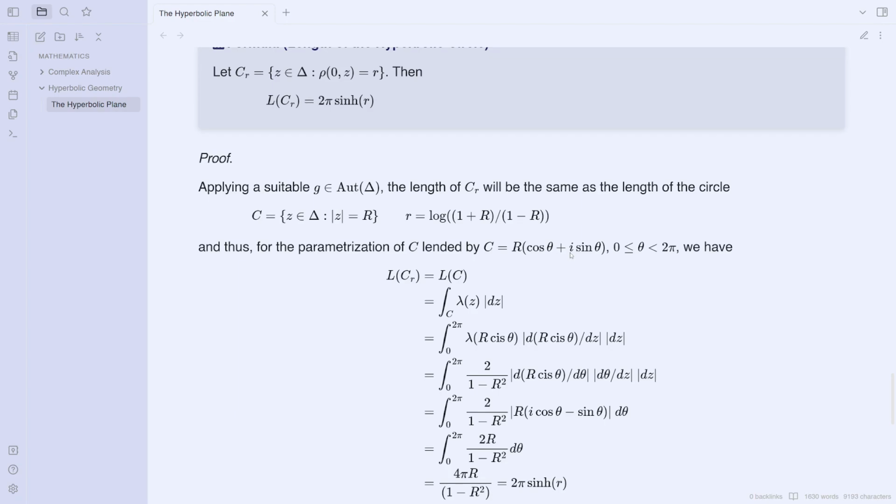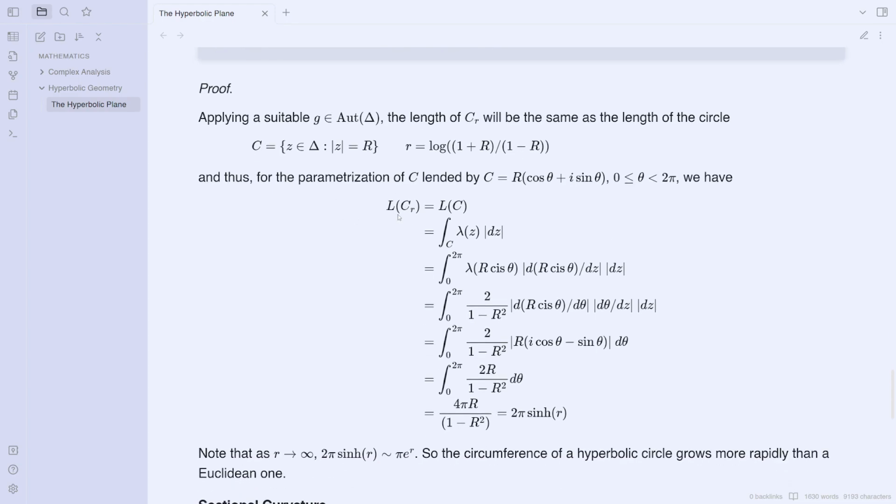The Euclidean circle, again, we're doing the Euclidean circle right now. We have that the length of the hyperbolic circle C_R, we apply this conformal automorphism G, right? Length is going to be conformal automorphism invariant. So I can just compute the length of the Euclidean circle in hyperbolic space.